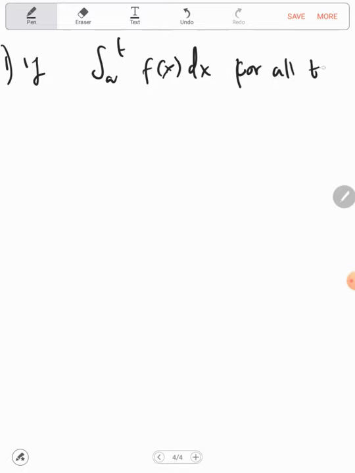So what we're saying is that, if we have an integral from a to t of f of x dx for every number t greater than or equal to a, then the integral from a to infinity of f of x dx is equal to the limit.